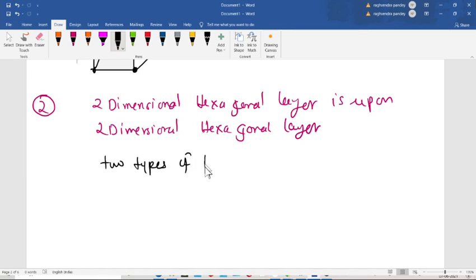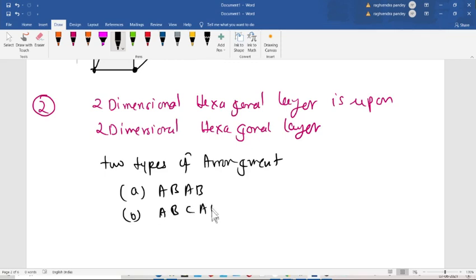One we have just seen, that is the AB layer, and another one is the ABC layer. Both we will see. You just understood AB, and then we will see ABC when we do it. But that is the basic understanding of how the three dimensions are arranged there.